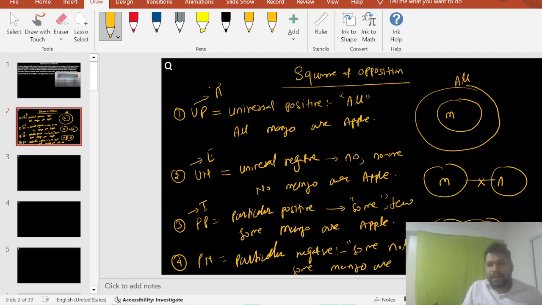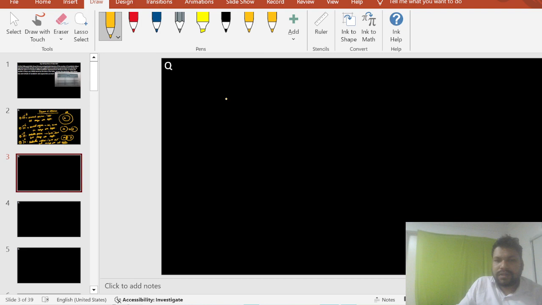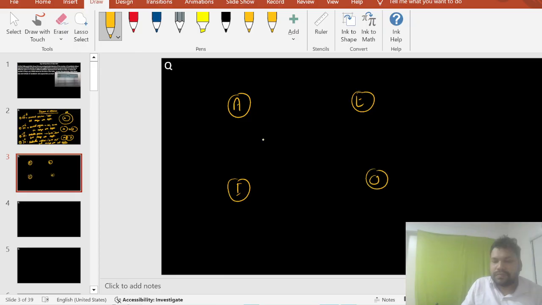So that is particular negative, and particular negative is indicated by O. So all these sentences I am going to arrange in the square of opposition. All of you see that here it is A, E, I, and O. These are the universal positive, universal negative, particular positive, and particular negative. Now I am going to make it a square regarding that.